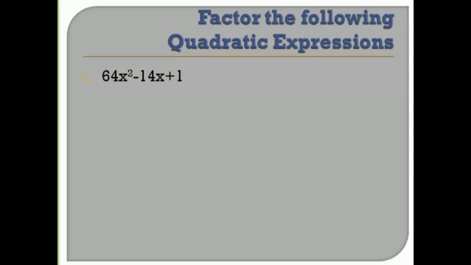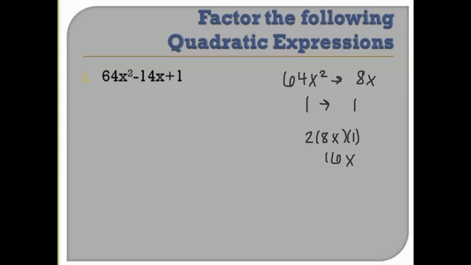Okay, last one. 64x squared minus 14x plus 1. 64x squared is a perfect square. It's 8x. 1 is a perfect square. It's 1. So then you multiply the first and the last times 2.